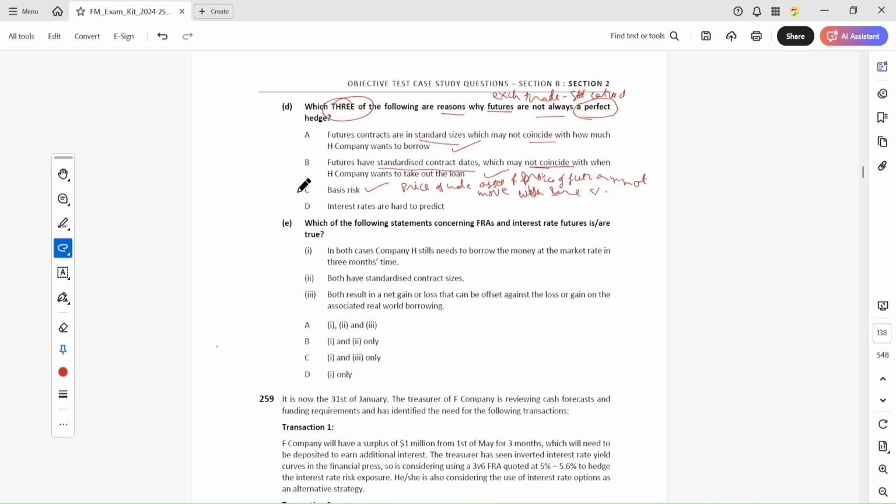Interest rate risk being hard to predict is another option, but we have to select 3 and already have 3 correct, so this is not right.